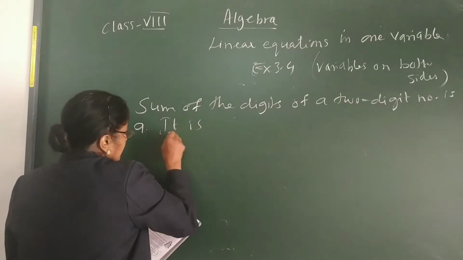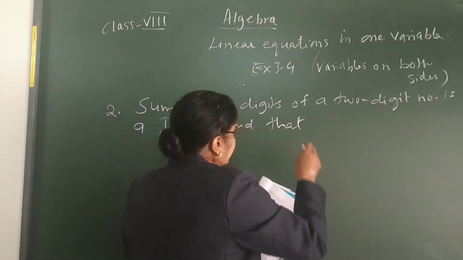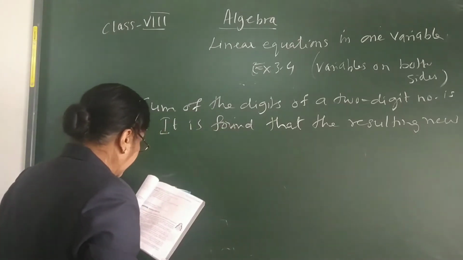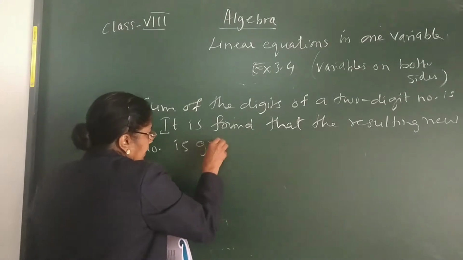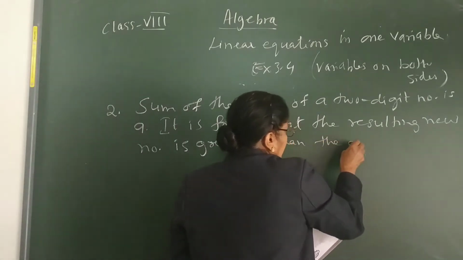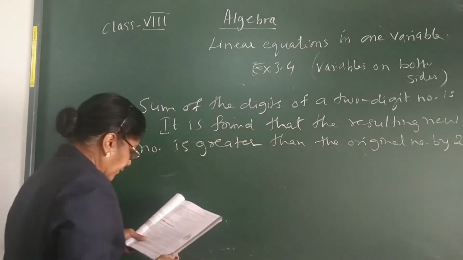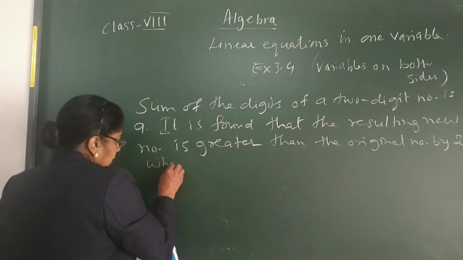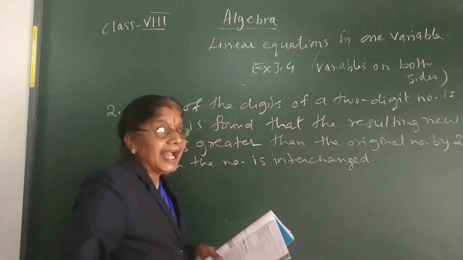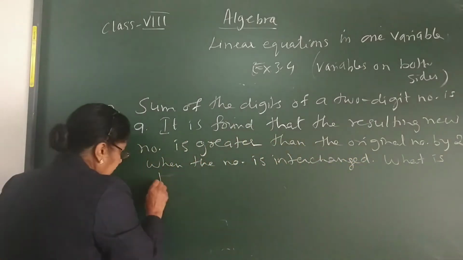It is found that when the digits are interchanged, the resulting new number is greater than the original number by 27. What is the 2-digit number?